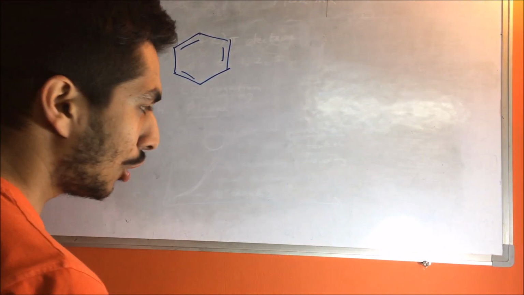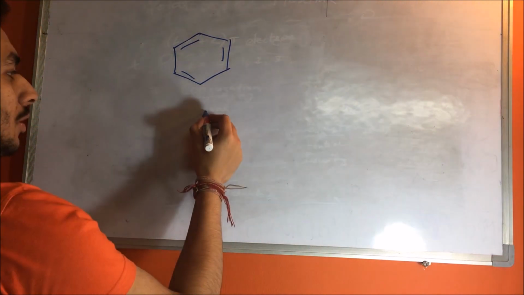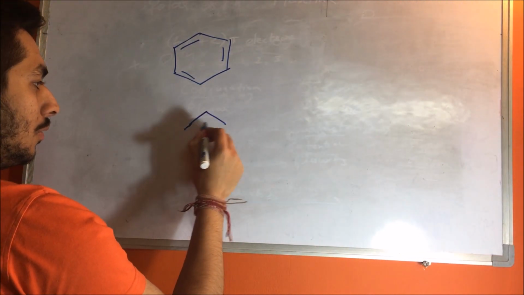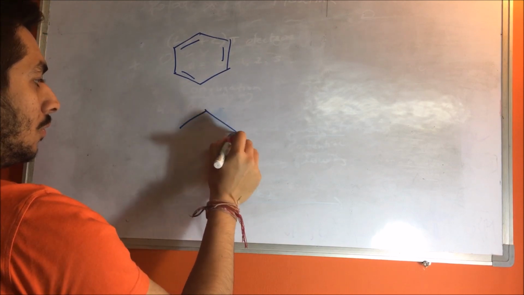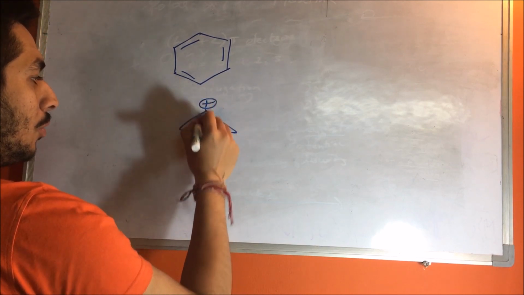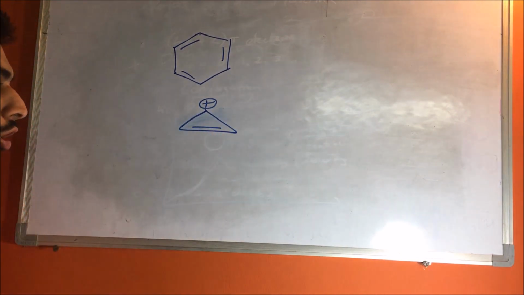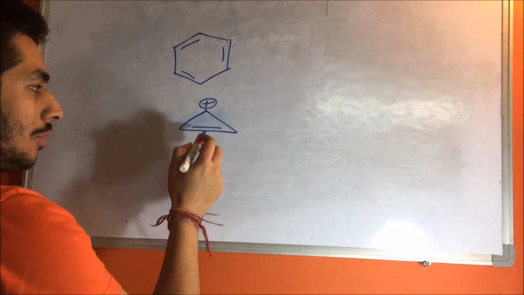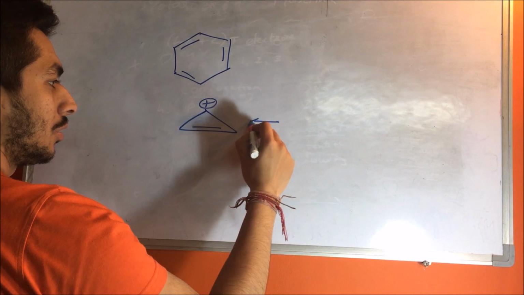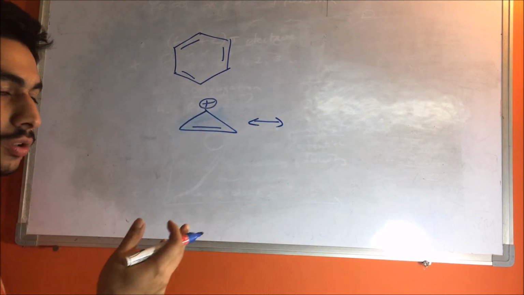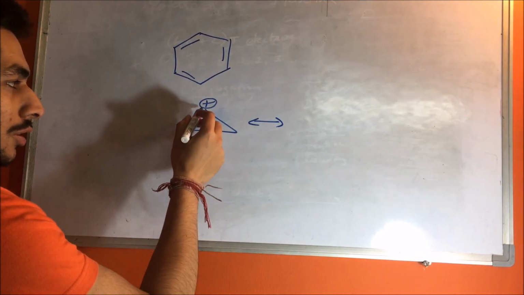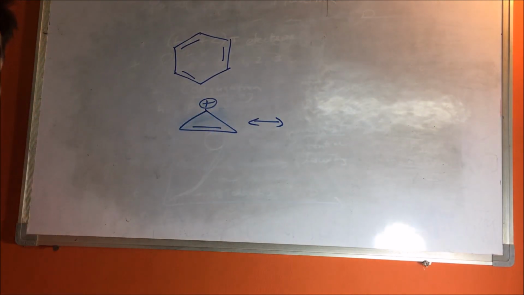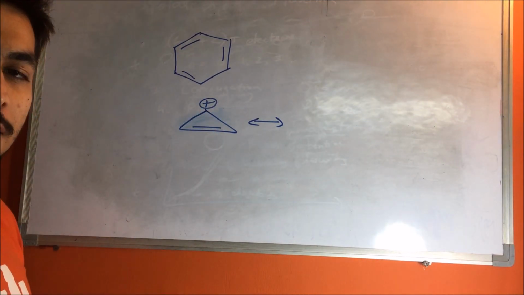Okay. Now if I take some other example, let's say this one. We have a positive charge here and a double bond here. If I draw the resonating structure for this compound, it might look like there is no conjugation, but there actually is, because this carbon over here has an empty p orbital.